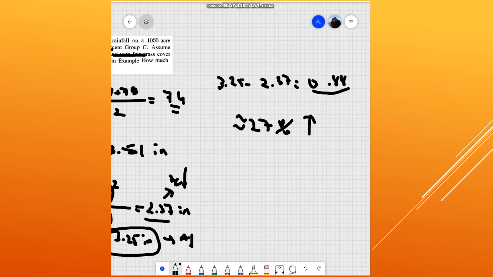That means flooding occurs 27% more than on the previous land, which is open land with fair grass cover. So we already solved this question, and let's move on.